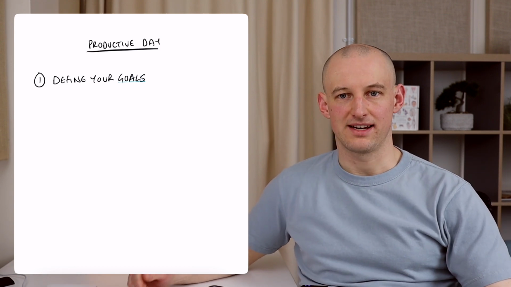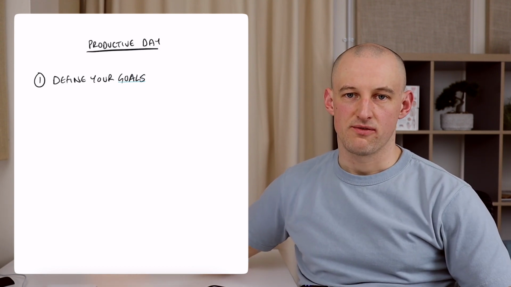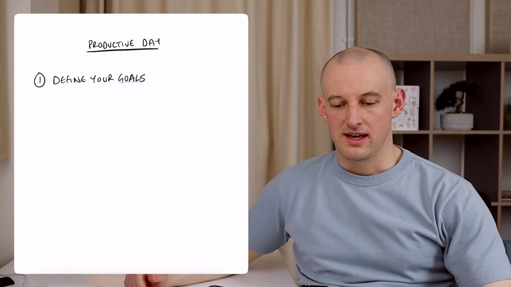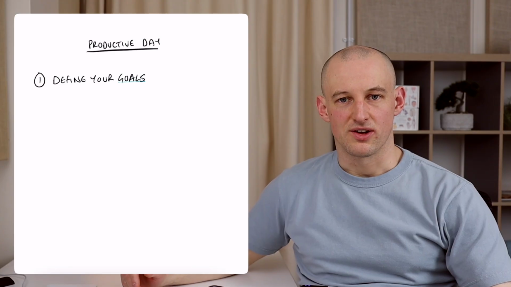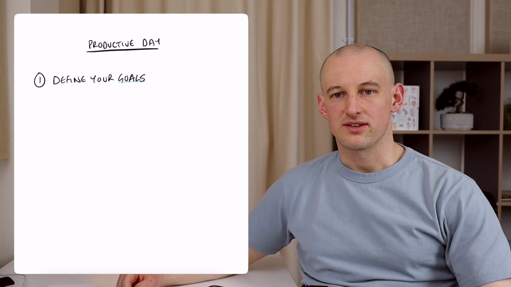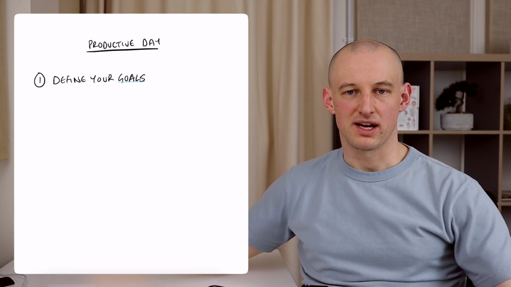If you haven't clearly defined what my goals are for the next week, for the next month, for the next 3 months, you might not have a clear idea of what you're supposed to be doing in your productive day. There's no point having a productive day if you're not really working towards something.